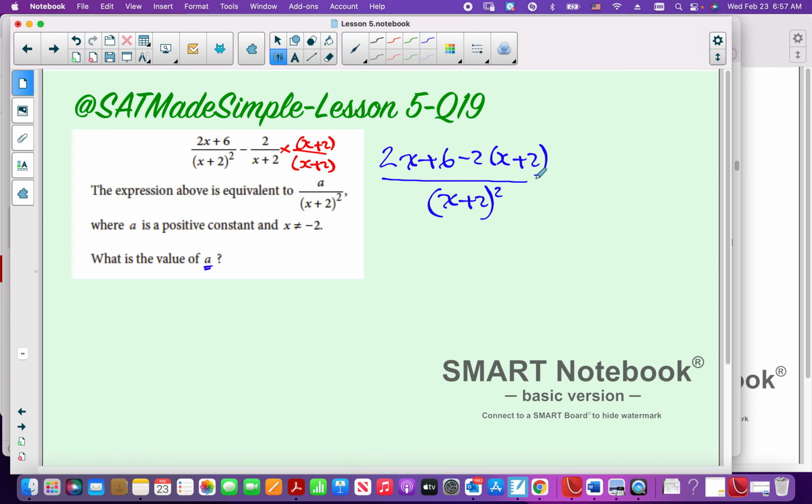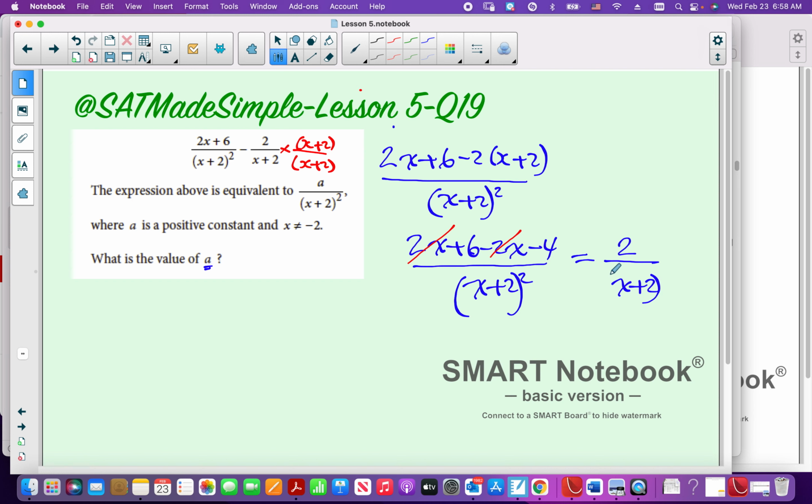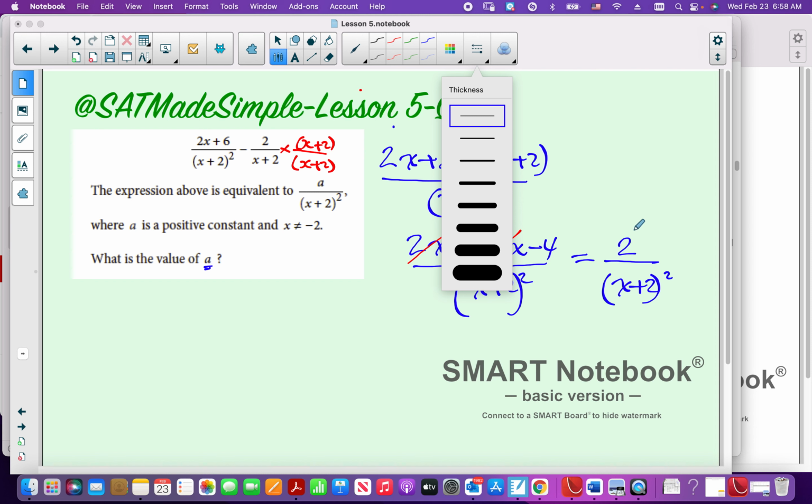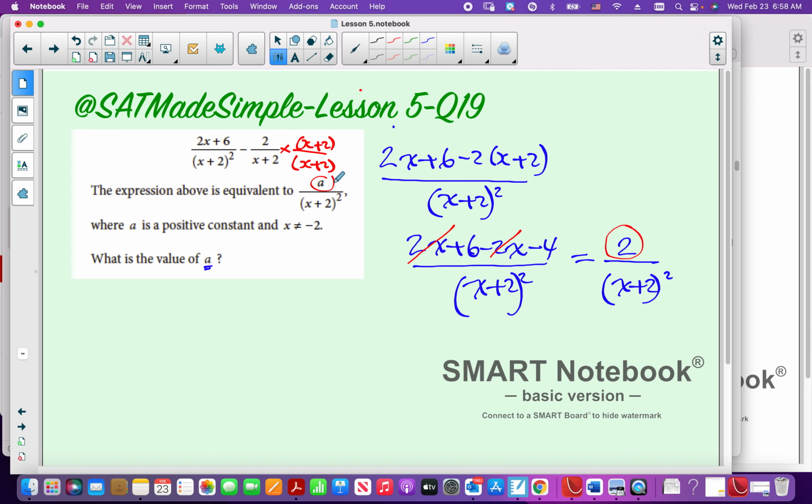Introduce the 2 and combine like terms. That will be 2x plus 6 minus 2x minus 4 over x plus 2 all squared. And I have additive inverses 2x and minus 2x. They cancel. 6 minus 4 is 2. And my final answer is 2 over x plus 2 squared. That makes a equal to 2.